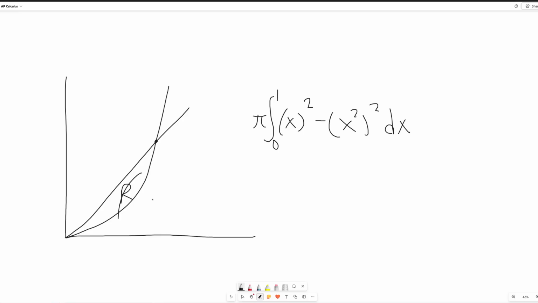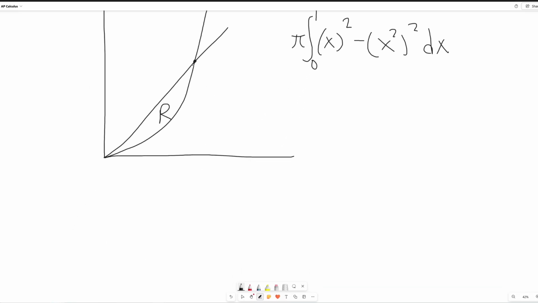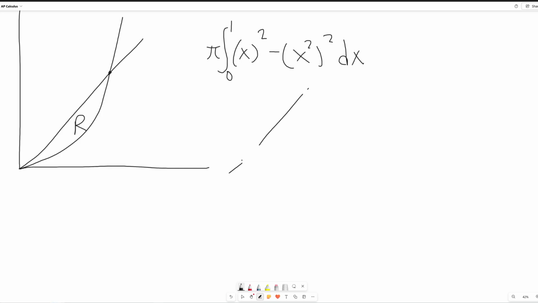That's it. It doesn't look that much crazier. You just have to think about it as, okay, this function is further from the x-axis, right? This one is on top of the x squared function. So when I rotate this, it's going to fill in all of this area under here, just like we showed in the previous one, where it would fill in this area like a circle.